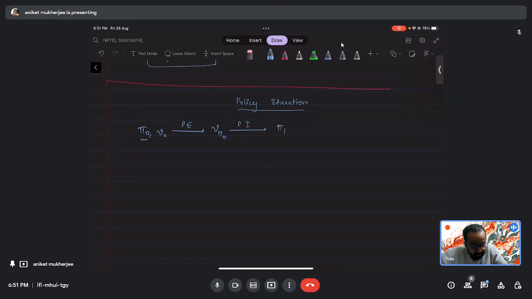Pi 1. This is done greedily. Then I do policy evaluation, v pi 1. Then I do policy improvement, greedy, and get pi 2. This continues.